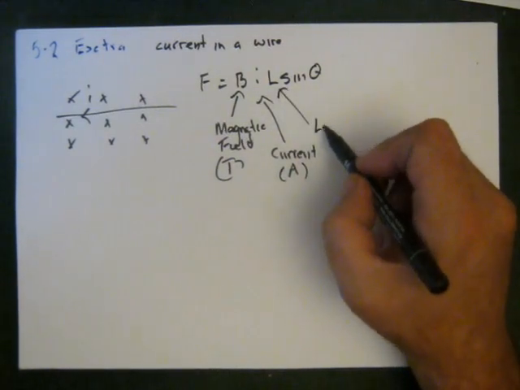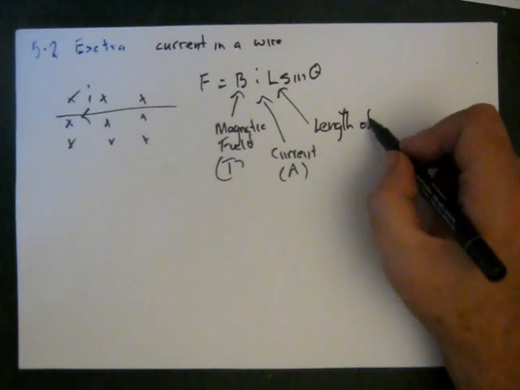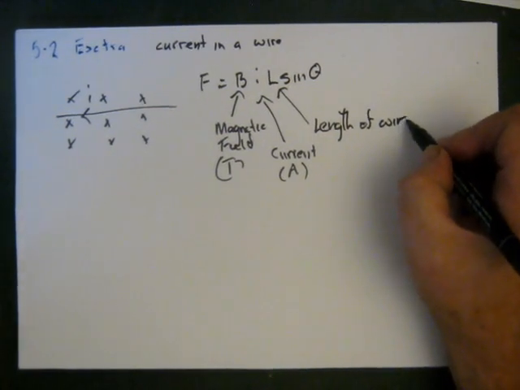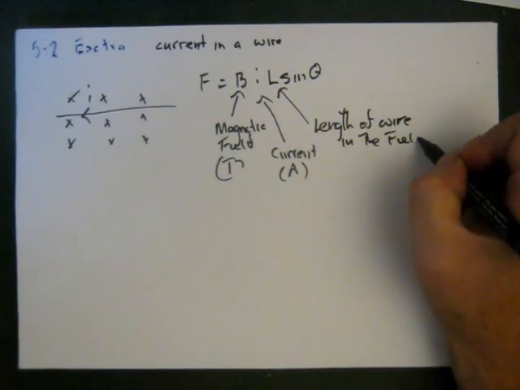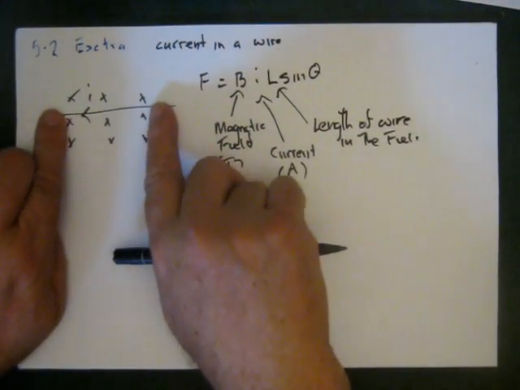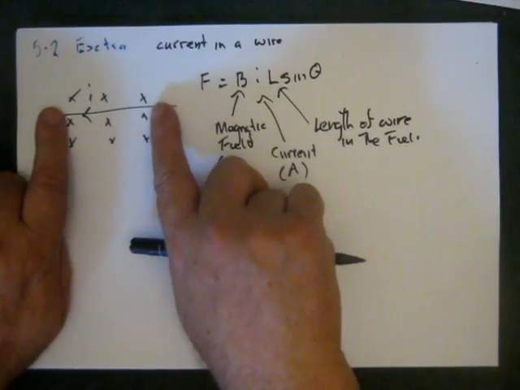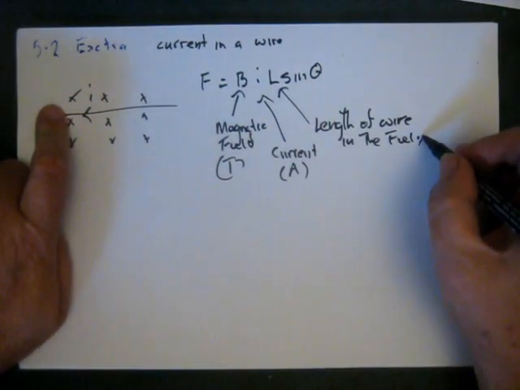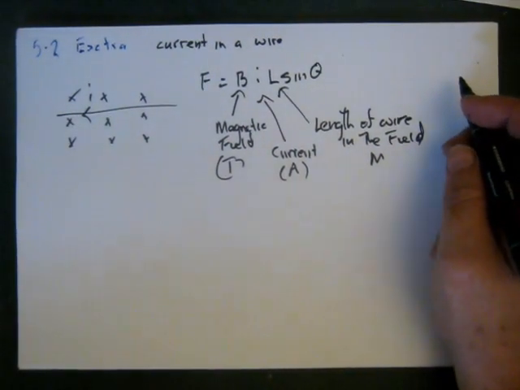L is the length of wire in the magnetic field. So we're only going to count the bit of wire in the field. If it's short, we'll only count that much. If it's longer, then we're only going to count the bit that's actually in the field. And that's going to be measured in meters.